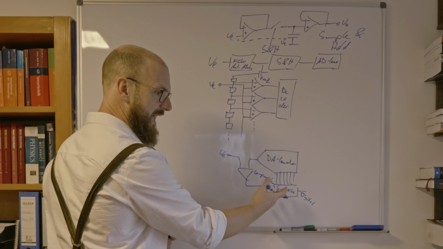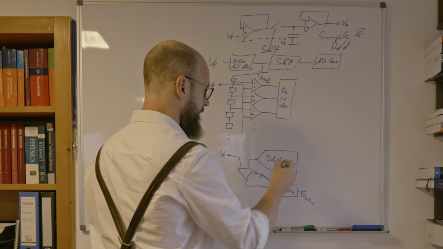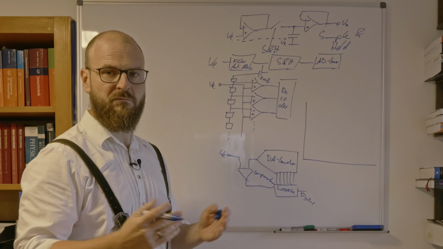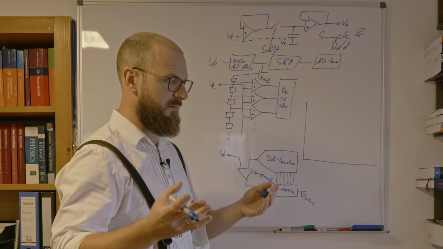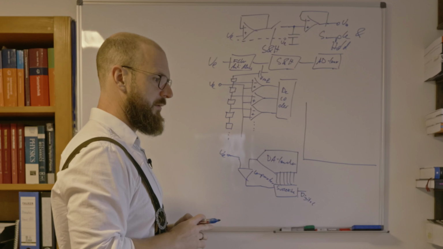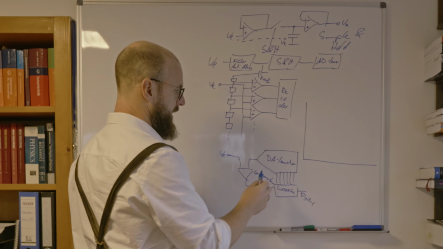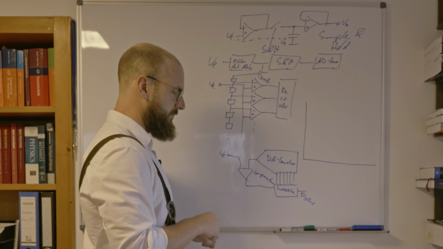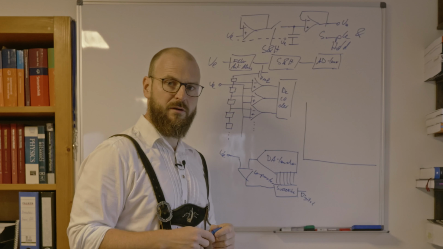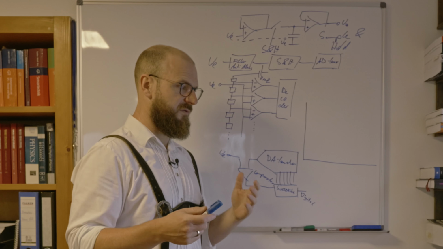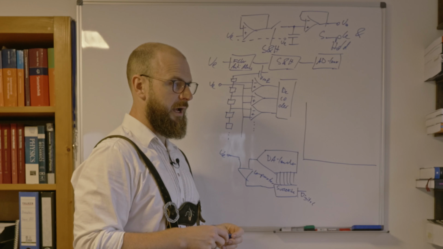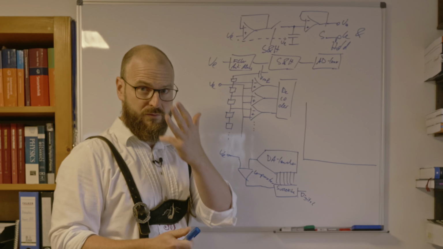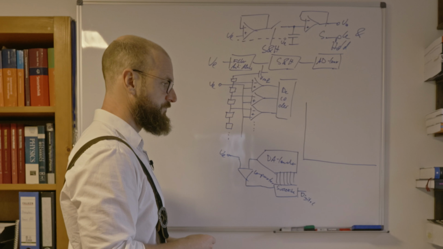How does that thing work? Easily said. Let's assume we have a 4-bit number, and let's say, for example, just to have an example, we want to convert a voltage of 9.5 volt and have steps of 1 volt, 2 volt, 4 volt, and 8 volt to match those 4 bits.